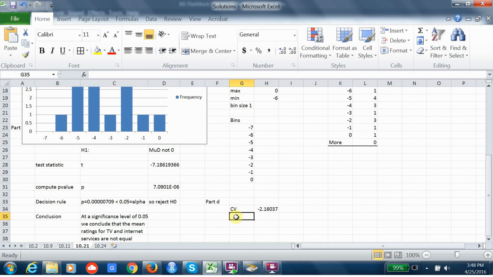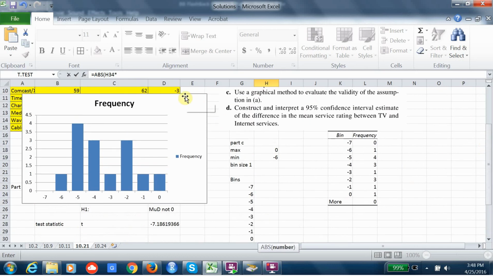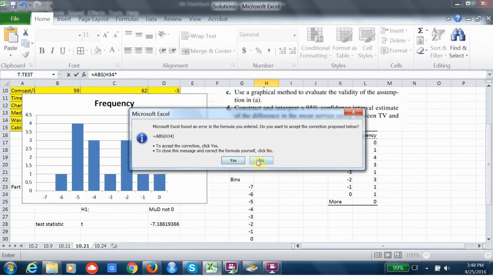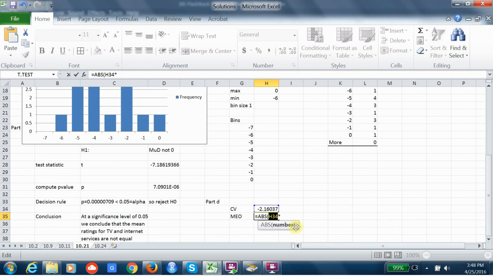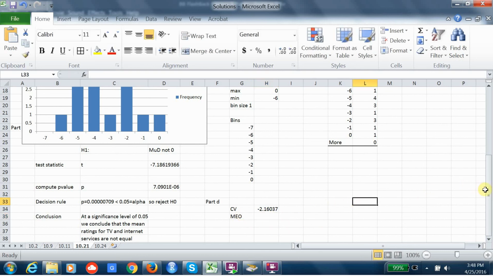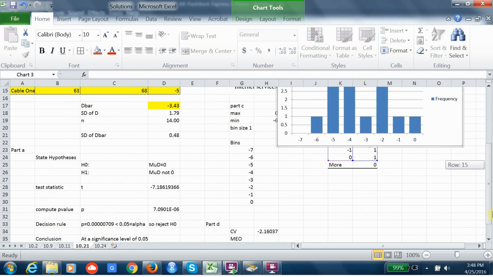My margin of error is just equal to the critical value times the standard deviation of d bar. I'm going to have to get out of this command because I can't move what I want. Be careful when you're in a command in Excel, because you can do things that will cause the whole program to screw up and you have to force shut it down.